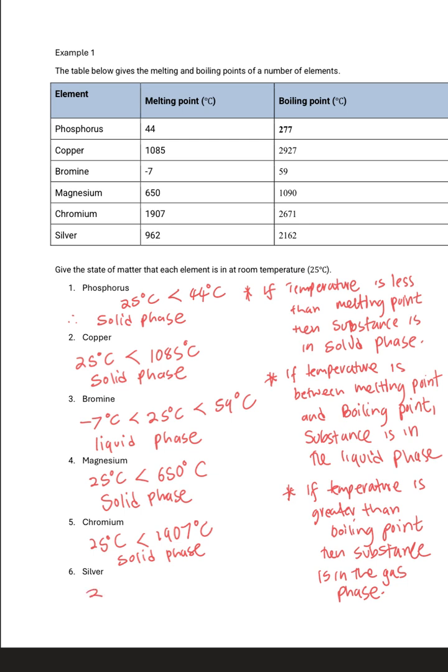So 25 degrees Celsius is less than 962 degrees Celsius. So silver exists as a solid at room temperature. This is how we analyze and determine how substances will exist at room temperature.